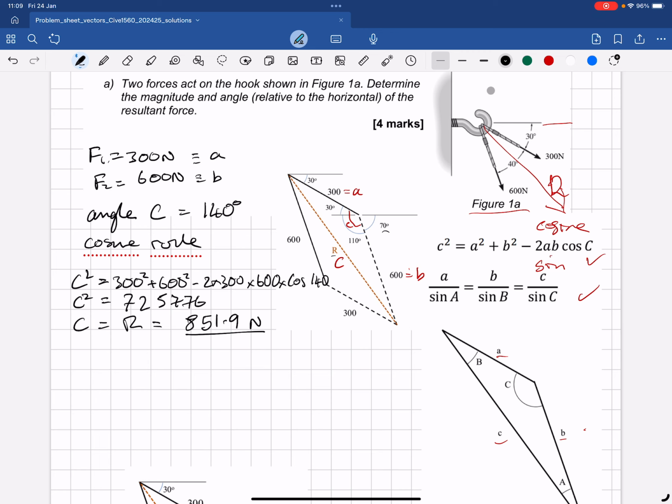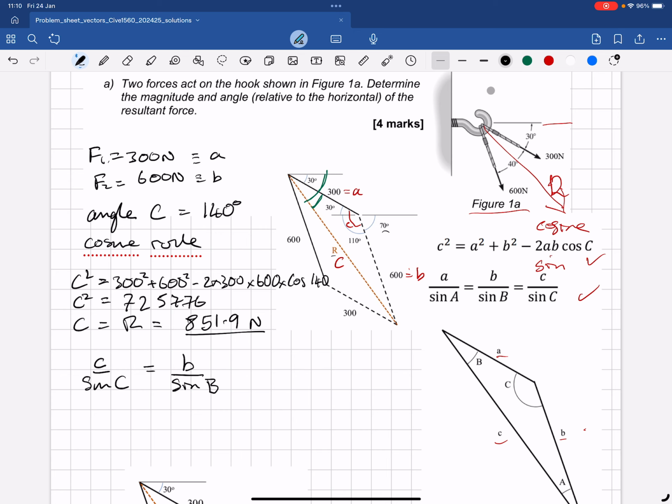The angle that we want to find, I'll just go on this in green, we want to find this angle. But in fact, first of all, we're going to calculate the angle inside the triangle and add 30 to it. So we're going to use the sine rule form: C over sine capital C equals B over sine B. In this case, B is the unknown.